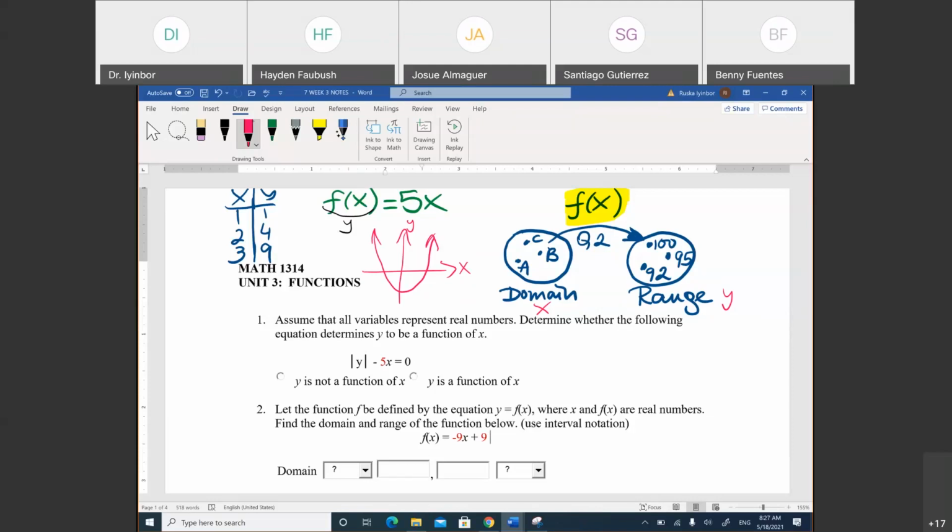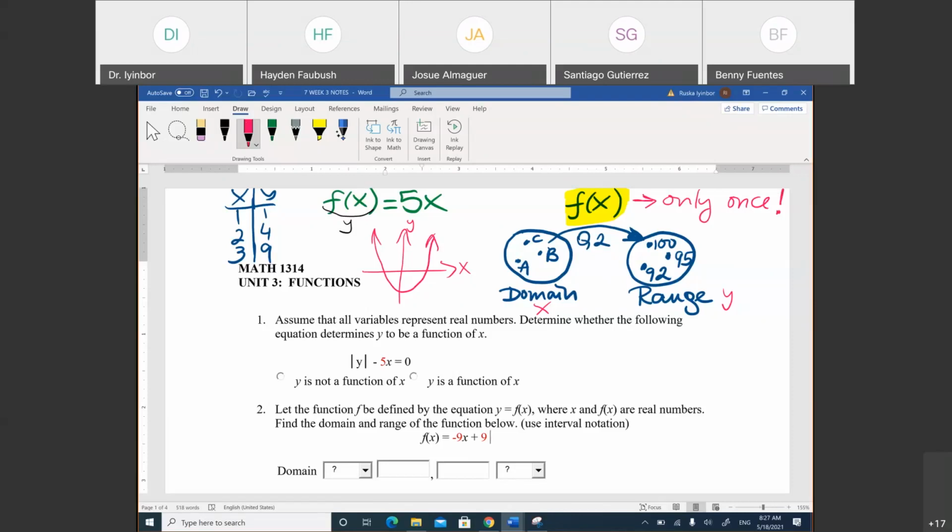Because a function is a relation of two sets of elements, and whatever you do, you need to do it only once. So that's important. f of x is an action you're doing only once for each element, right? If you do it 2 times, it's not a function.